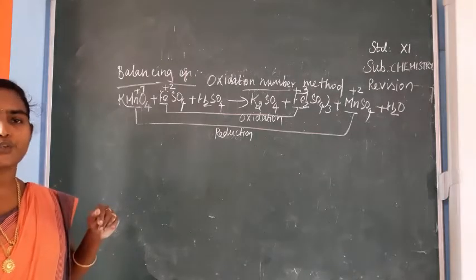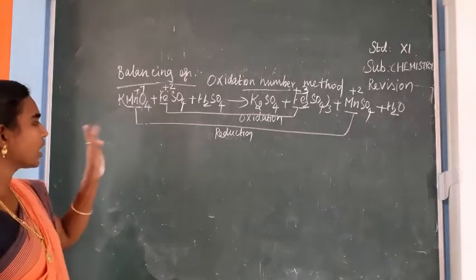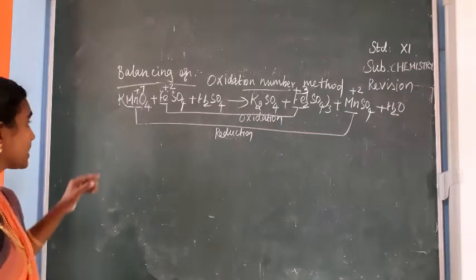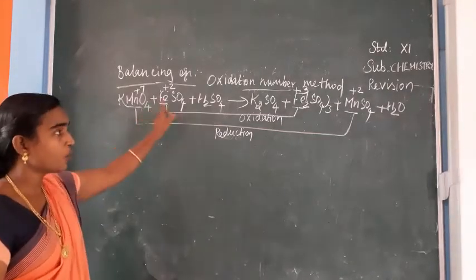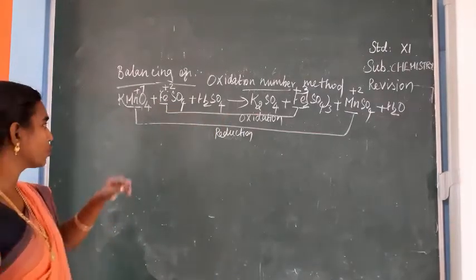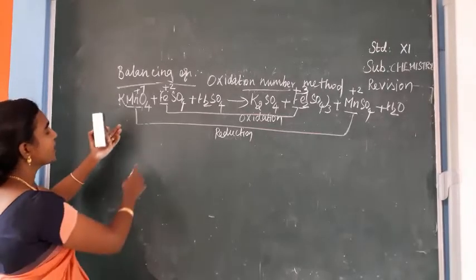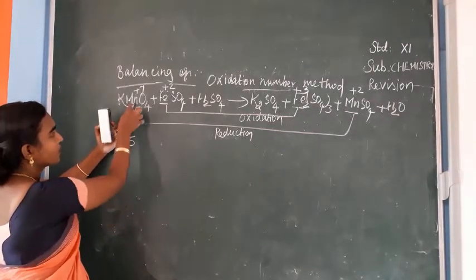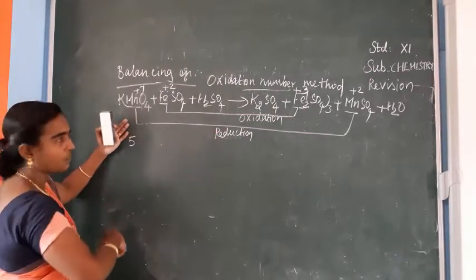So this electron difference should be multiplied by a number. Here Fe is 1 mole, here Fe has 2 moles, isn't it? So I will write here that the difference in electrons is 5 for KMnO4 and MnSO4.